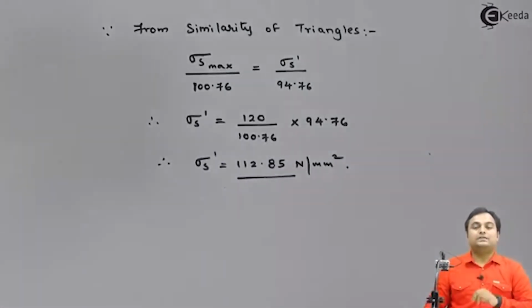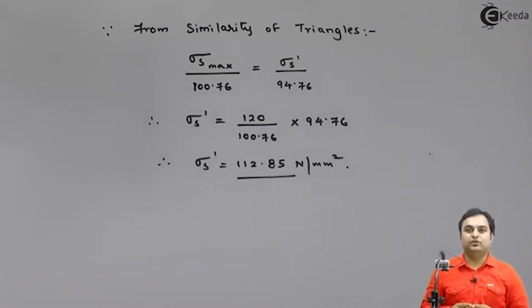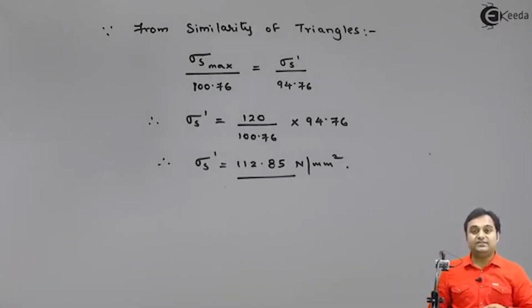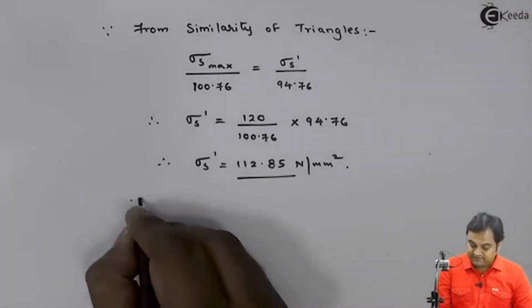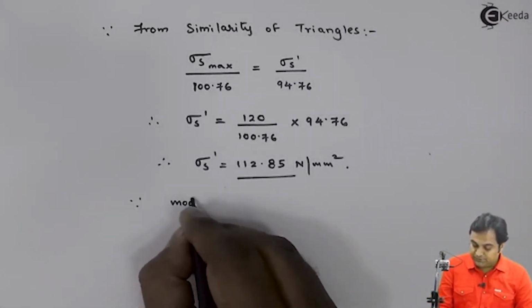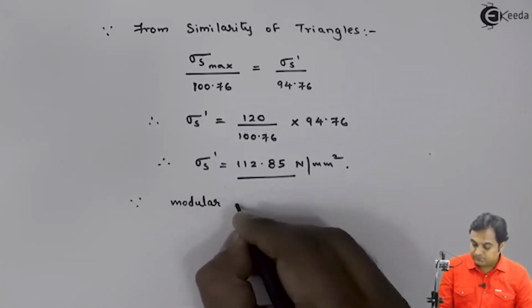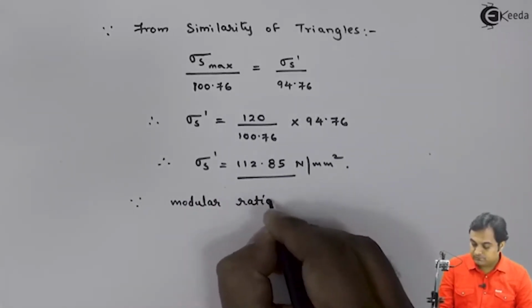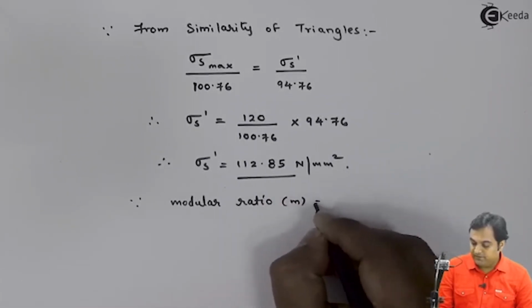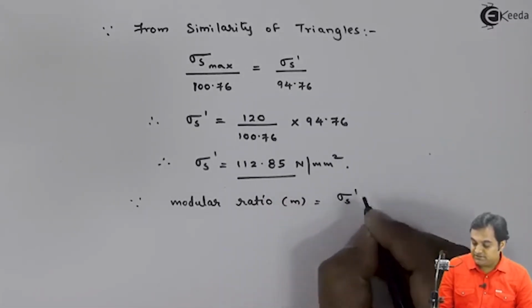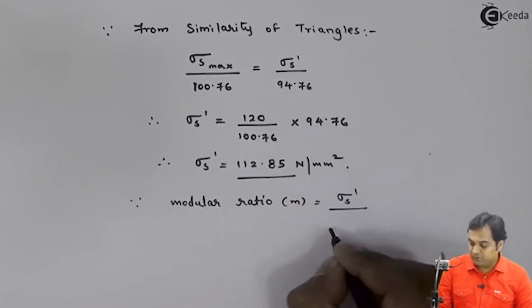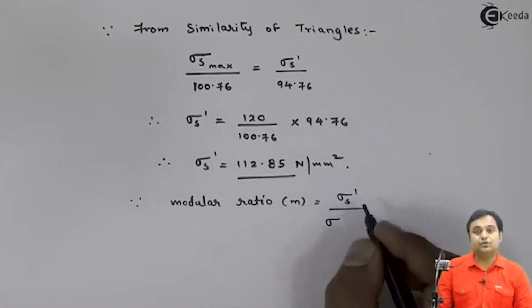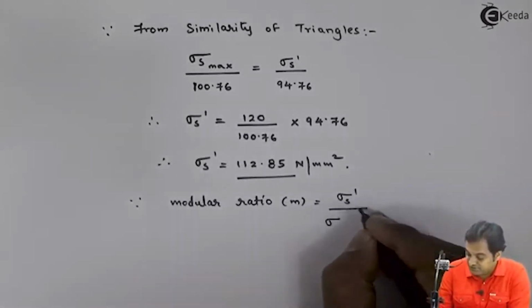Now once I know the value at the intersection, or you can say at the junction where wood and steel are meeting, now I can easily calculate the maximum stress in timber. After this, I'll say that since modular ratio M will be equal to the stress in steel at the junction upon the stress in timber, at that junction only we would be getting the maximum stress in timber.